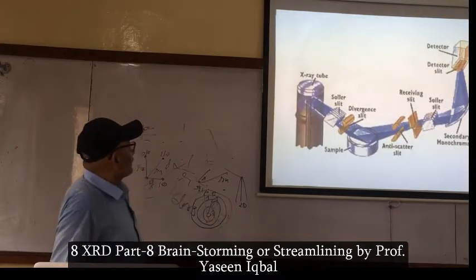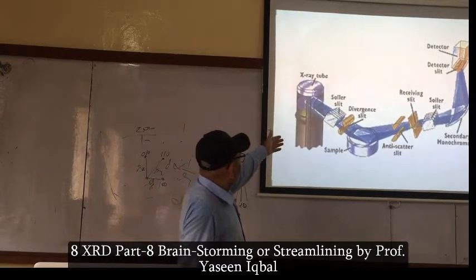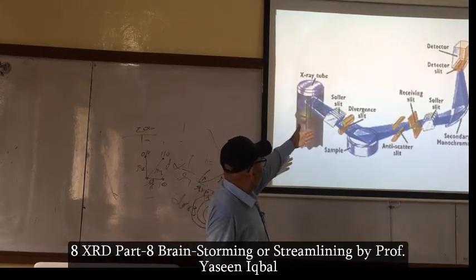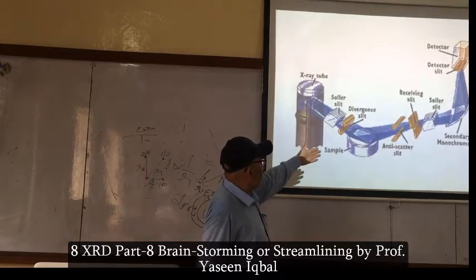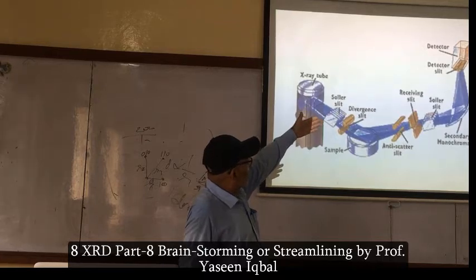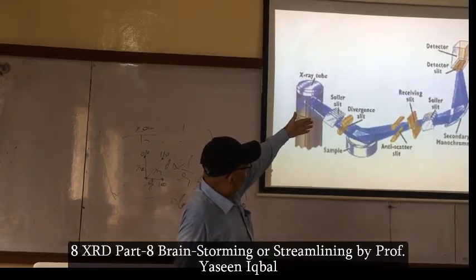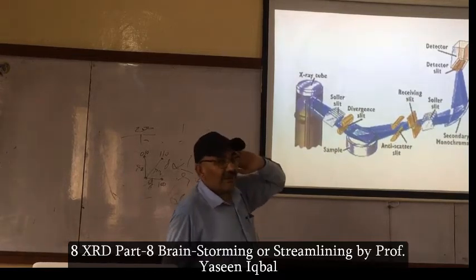So how does it look like? This is the X-ray tube. This is a slit, the working slit, sample, and scatter slit. Receiving slit.